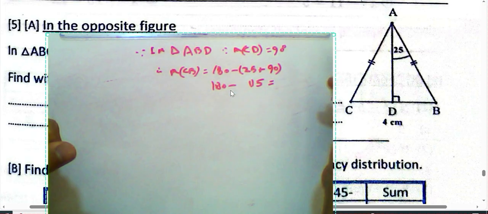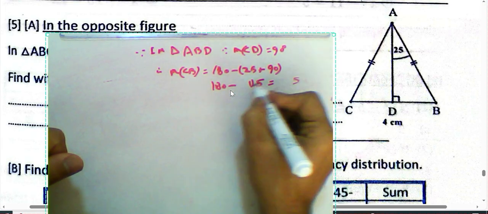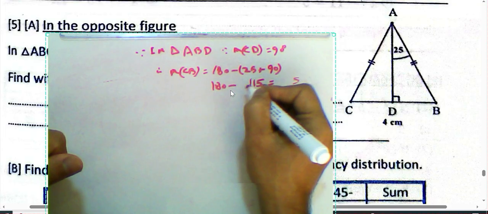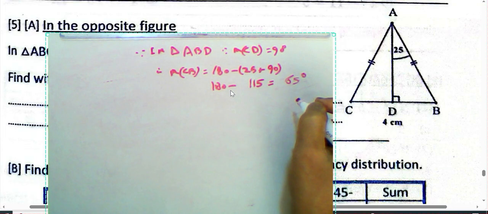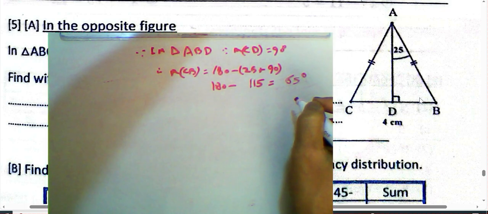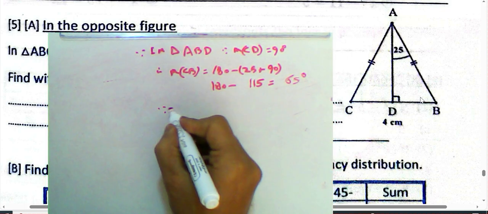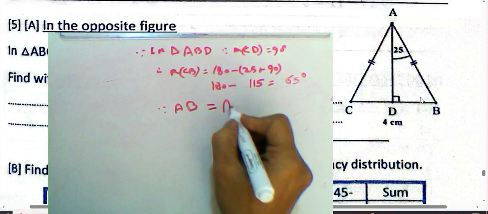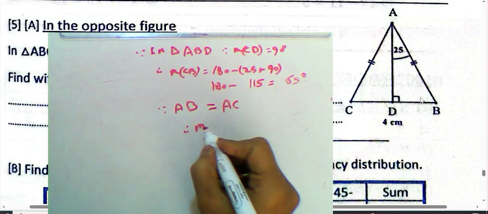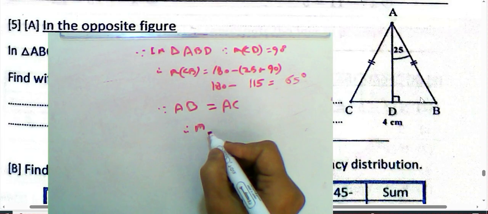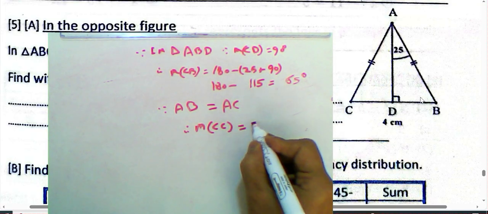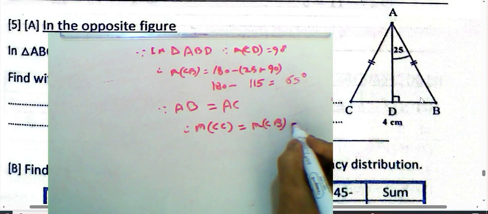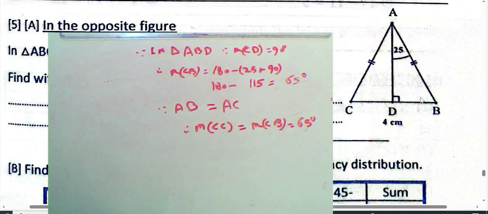The result: 10 minus 5 is 5, and 7 minus 1 is 6, so 65 degrees. Angle B will be 65 degrees. Such that AB equals AC, then the measures of the two angles in the base are equivalent. The measure of angle C equals the measure of angle B equals 65 degrees. So, direct question.